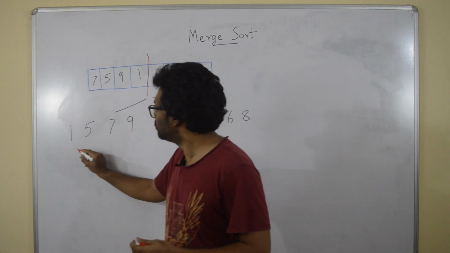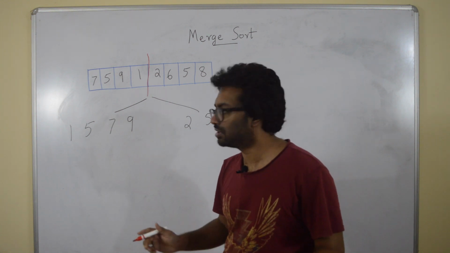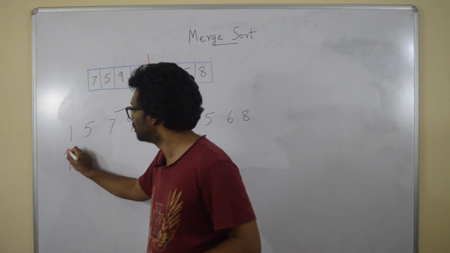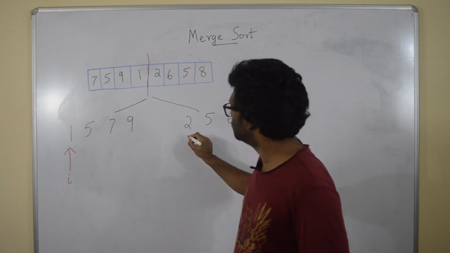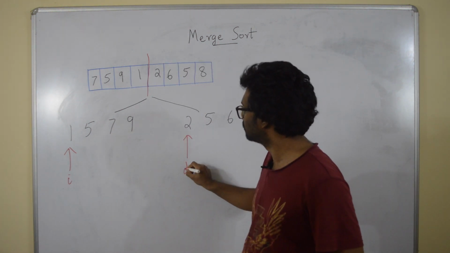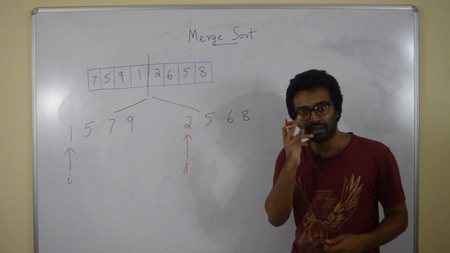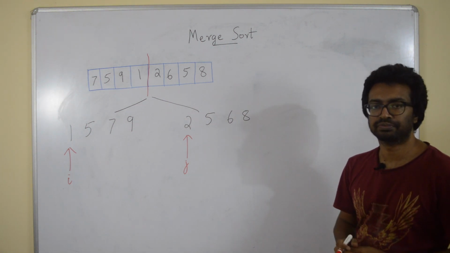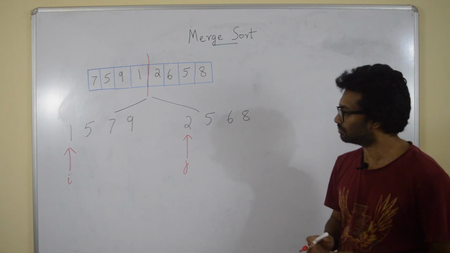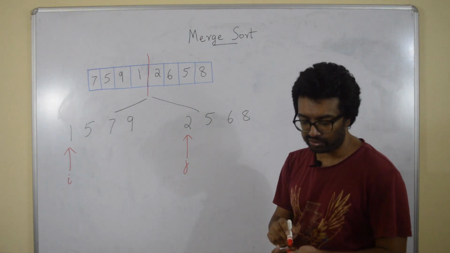To merge, the idea is simple. You're going to keep two pointers here. Let's call this pointer i and this pointer j. You have now two pointers i and j, and what do you do? Just assume that you have a new array.